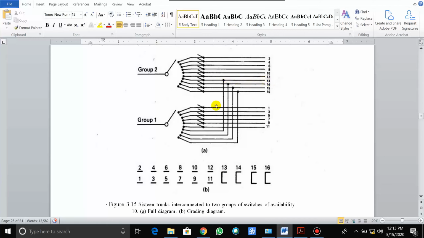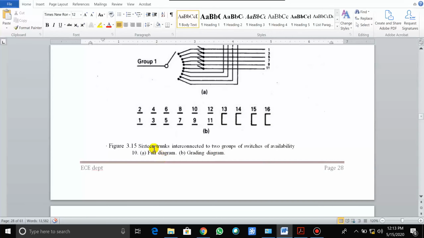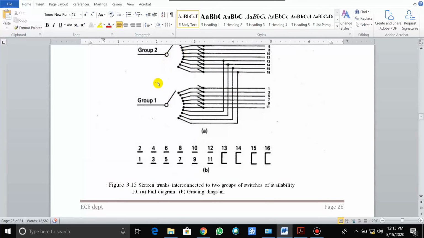Here at 13 we have a cross point, so as that is multiplied, it will have 13, 14, 15 and 16. So now 16 trunks are interconnected to two groups of switches of availability. Diagram A shows the full availability diagram. Diagram B is the grading diagram.